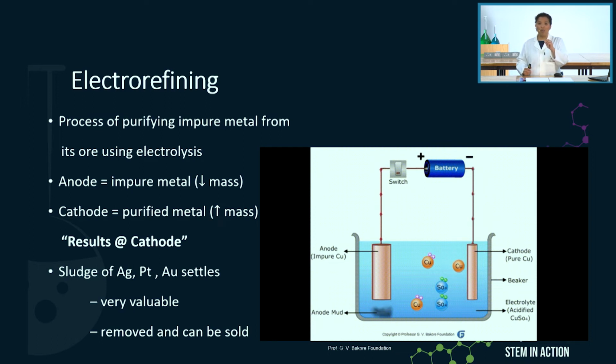And so in that vessel, we could then just pump out the sludge, and that sludge can be separated into pure silver, pure platinum, gold, and obviously we could use that in industry. So electrorefining has many applications, not just purifying an impure ore, but the byproducts of that also have some value.